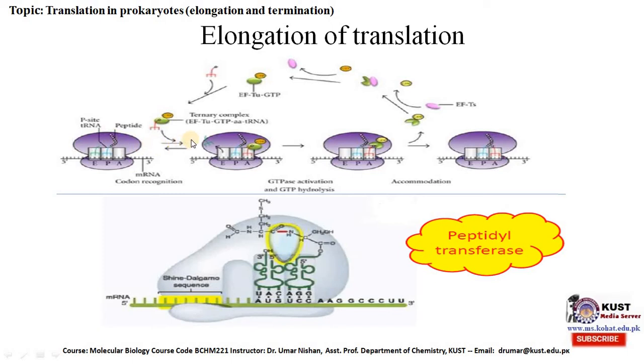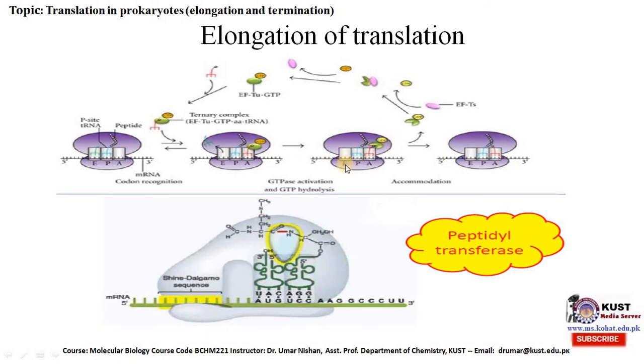Now you see here certain elongation factor Tu, GTP and amino acid transfer RNA ternary complex. It is added here. You can see in the next step the process occurs as I discussed in the text.